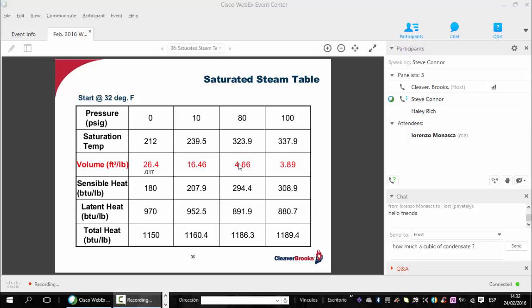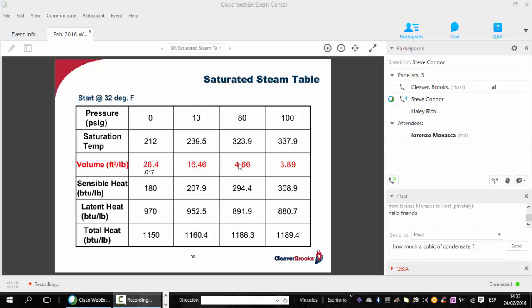Which brings up another very important point to keep in mind. And that is the relationship between a pound of liquid versus a pound of steam, and the effect that pressure has on the steam volume. Looking at the steam table again, but focusing on the volume per cubic foot line, you see under the zero gauge pressure column how a pound of water expands when it goes through a phase change and becomes steam.